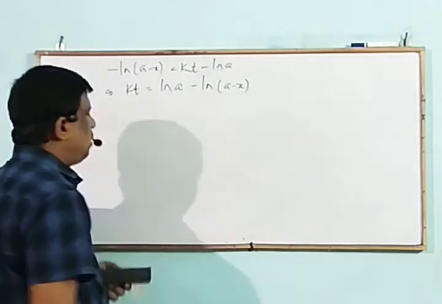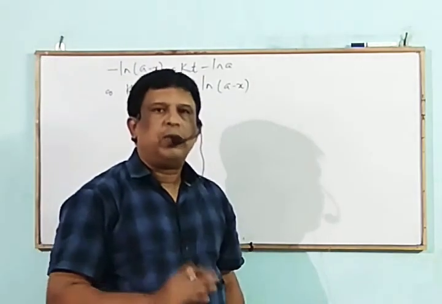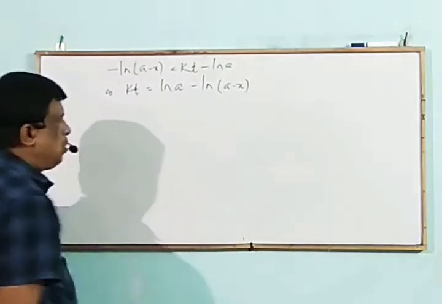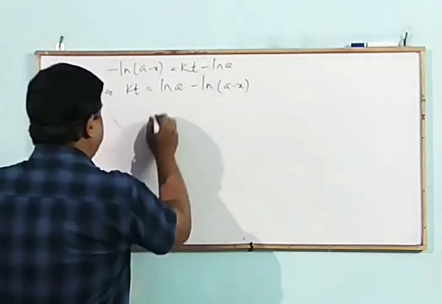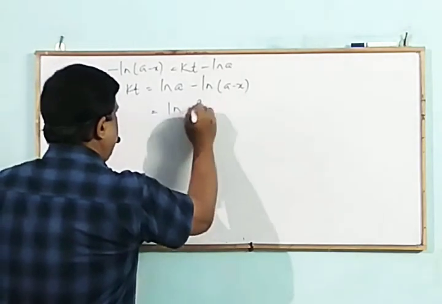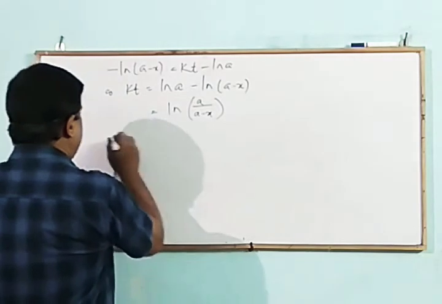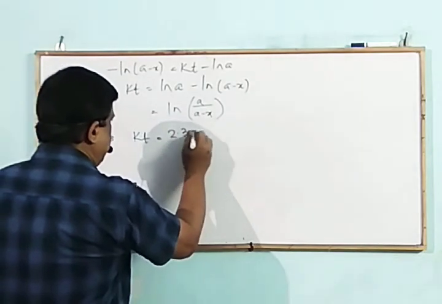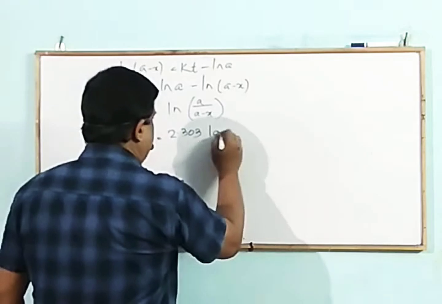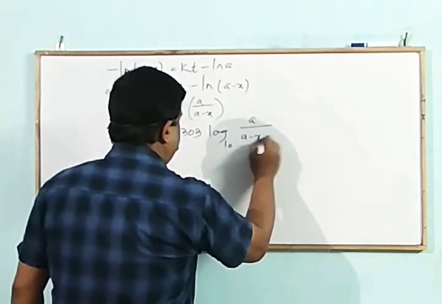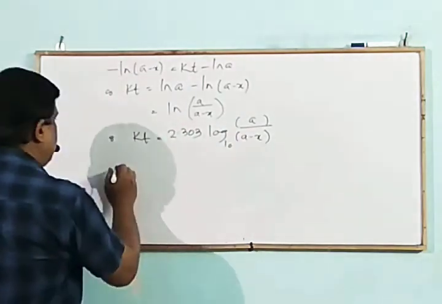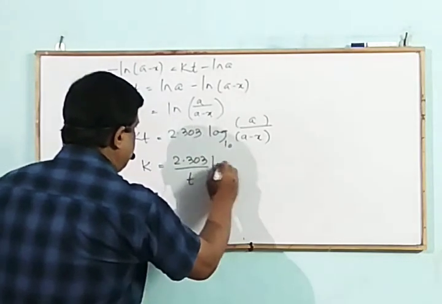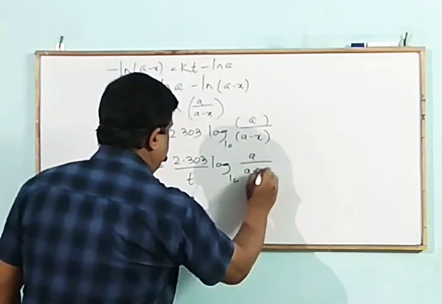So ln means logarithm base e. If you transfer to logarithm base 10, mark that log a minus log b is equal to log a by b, so kt is equal to ln a by a minus x, or kt is equal to 2.303 into log base 10 a by a minus x, or k is equal to 2.303 by t log base 10 a by a minus x.